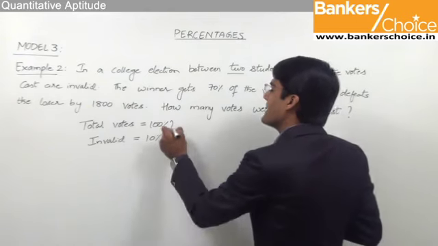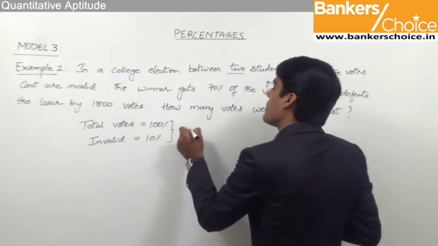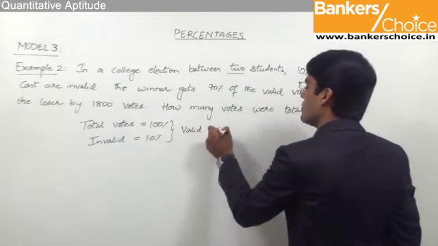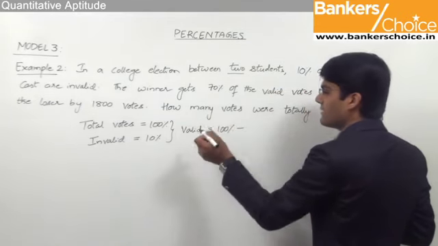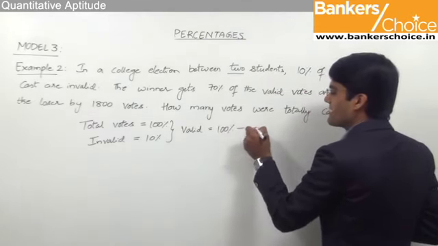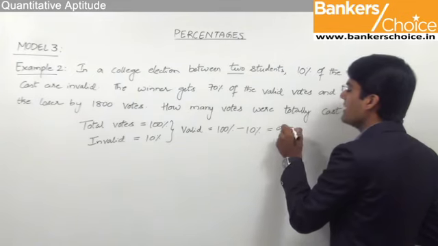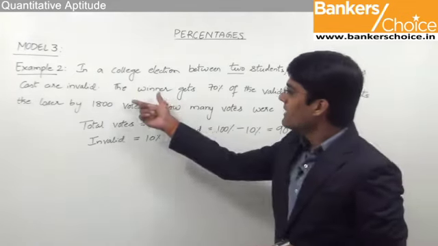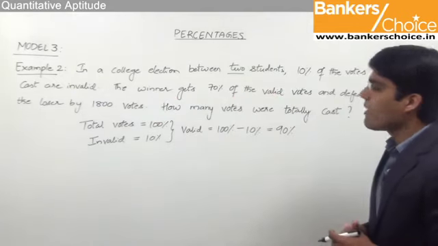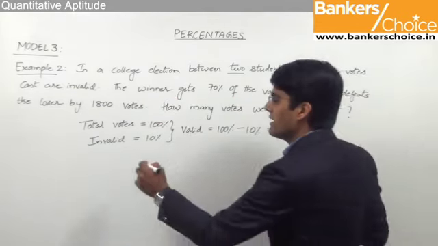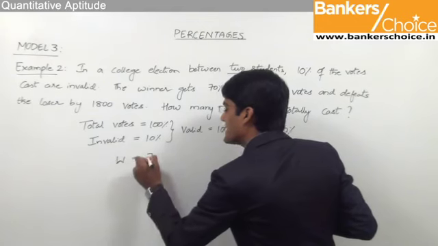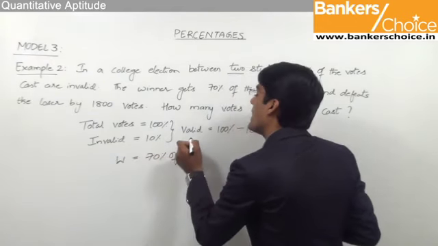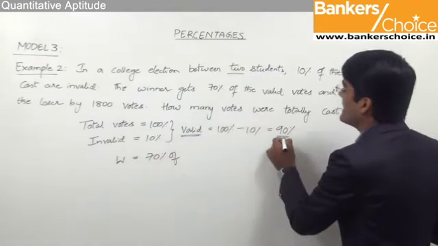So the number of votes which were valid will be equal to total, that is 100%, minus the percentage of invalid votes, which is 10%. So this comes out to be 90%. Now moving on to the next part of the question, the winner gets 70% of the valid votes, which is equal to 90%.